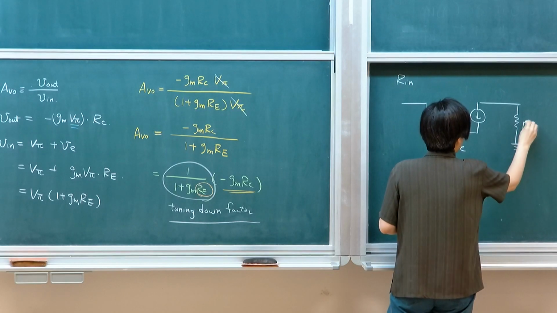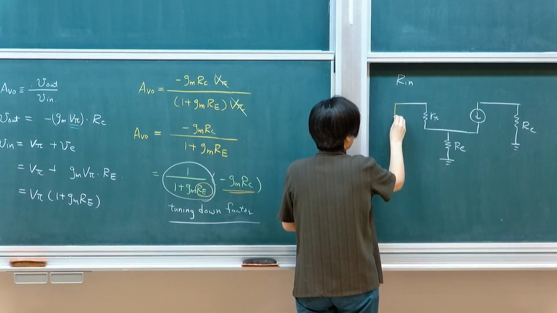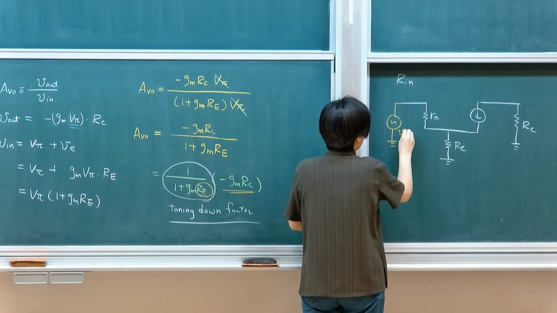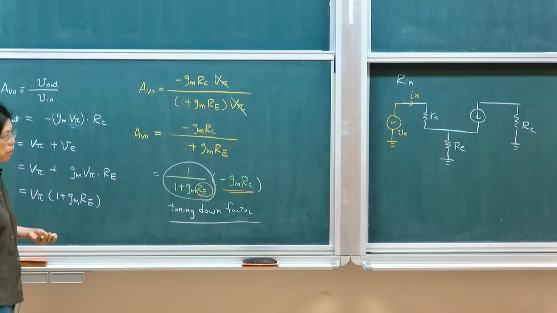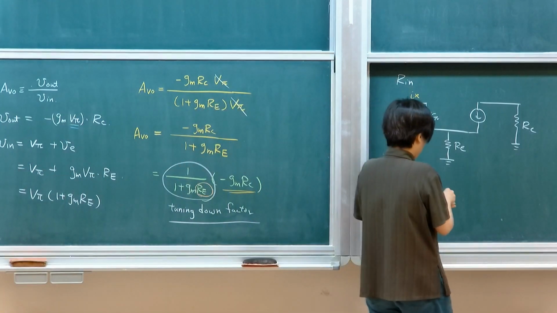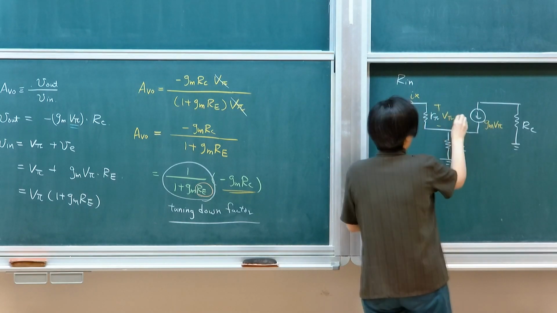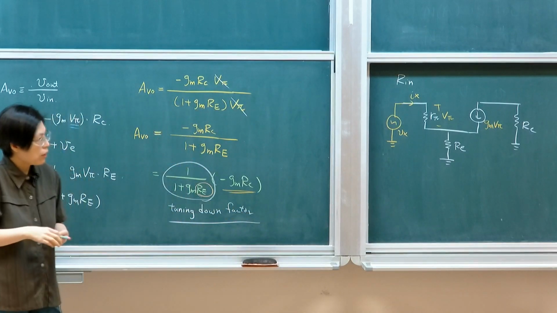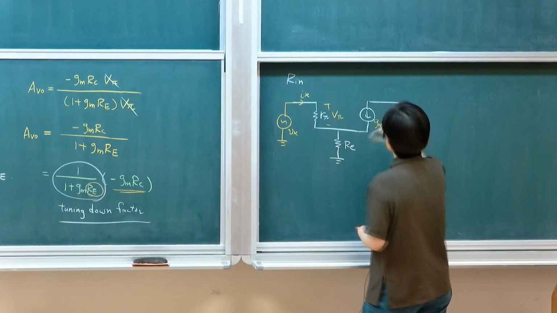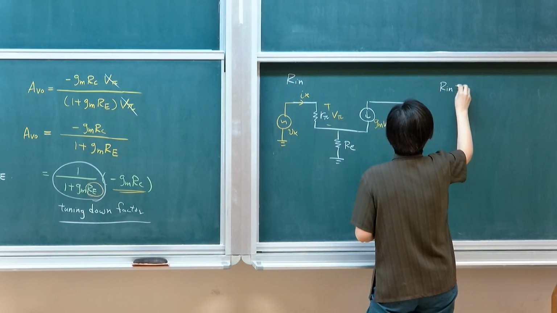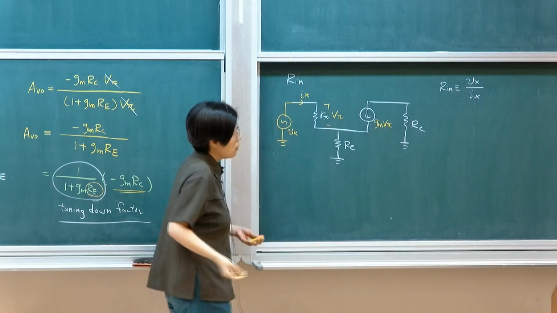So this is still my circuit. Remember how we test this. The way to test this is that I'm simply going to insert a small signal test voltage and look at its input current response. So this is V pi. In this test circuit, you're simply looking at the input terminal. The definition of Rin in this case is Vx over Ix. So what we want to do is find Vx.